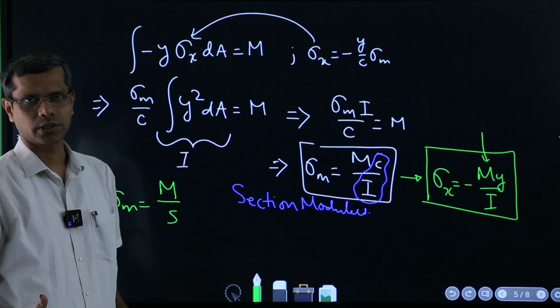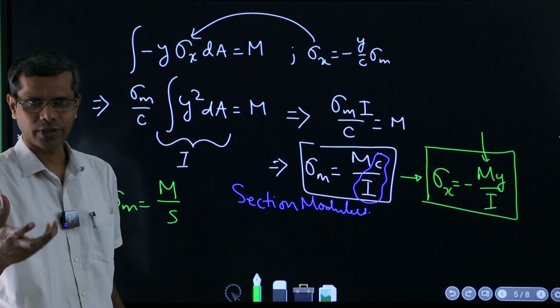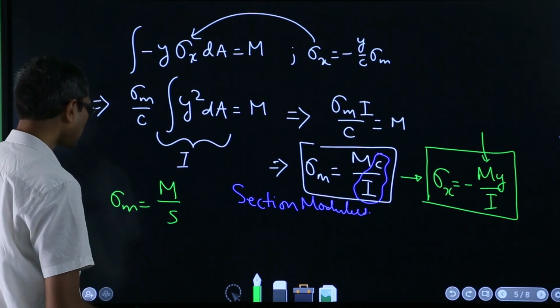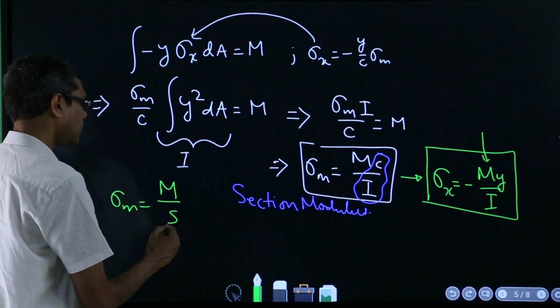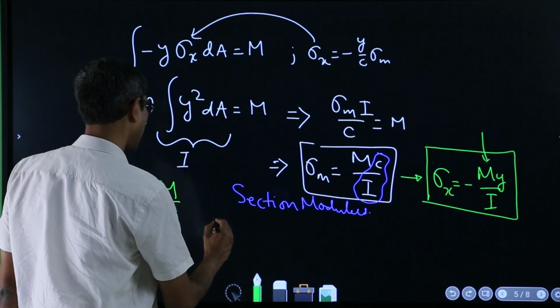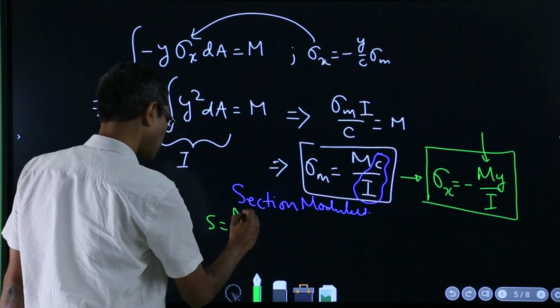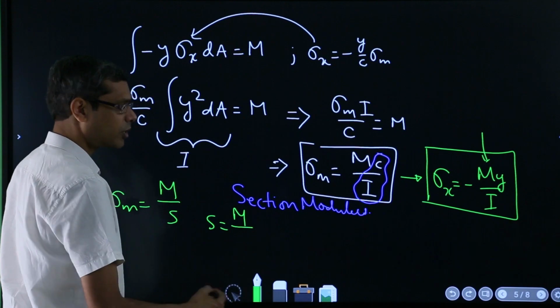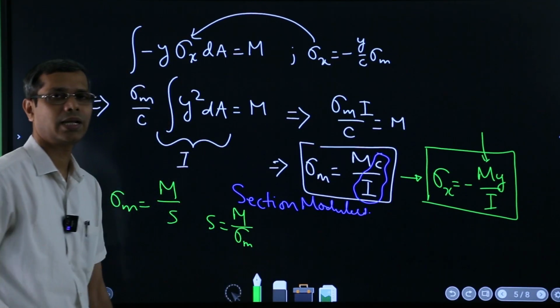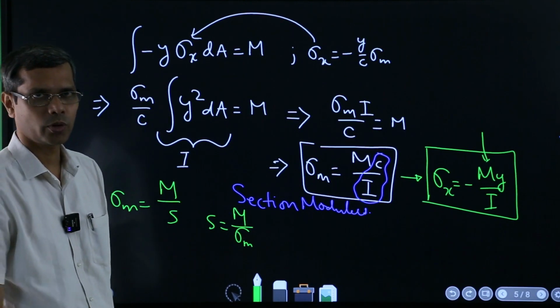Similarly, Young's modulus is stress, the effort, per strain, the effect. So if you want to define S in that way, S will be the moment that you apply per unit maximum fiber stress that you develop under pure bending.